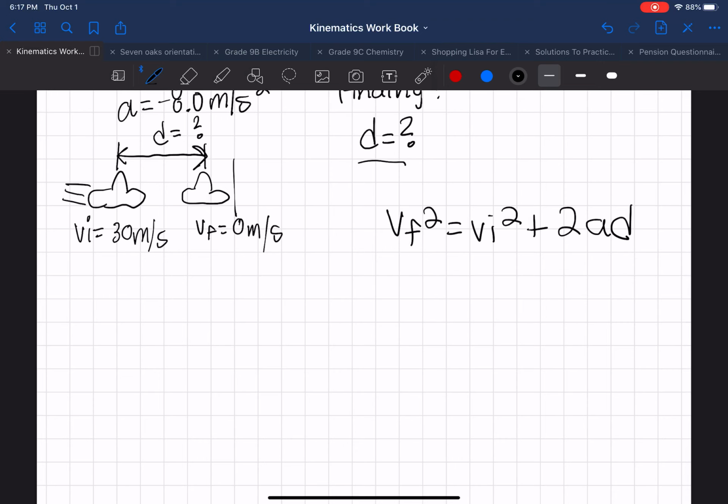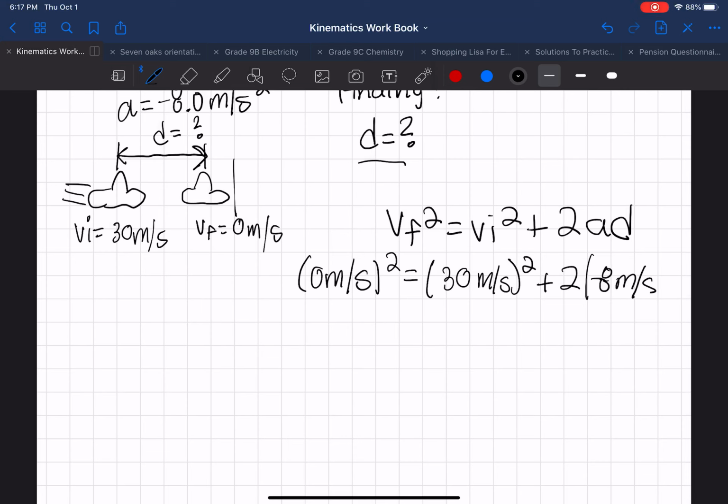Okay, once the equation is identified and you have written it down, the next step is to substitute the known values into the equation and use proper algebraic steps to solve for the unknown information. This step I am going to go through with you, so we're going to plug in all the information. So 0 meters per second is the final velocity, but it's squared, equals 30 meters per second, also squared, and then plus 2, and the acceleration is negative 8 meters per second squared, multiplied by the D here.